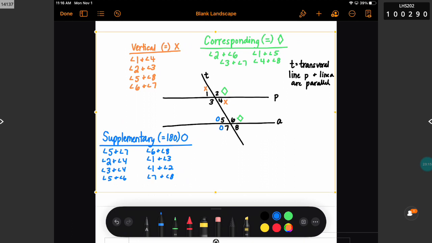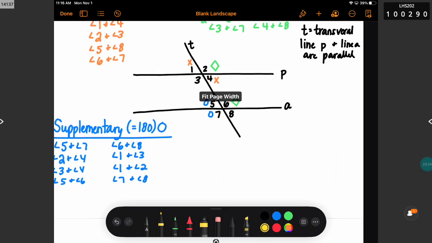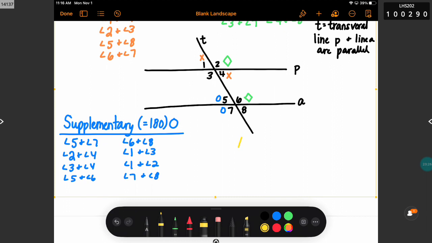The next type I'm going to go with is alternate interior angles, which means they have to be on the inside, and they will be equal in measure. I'm going to go with a heart here. So I'm going to go with 3. So what would be an alternate interior to angle 3?